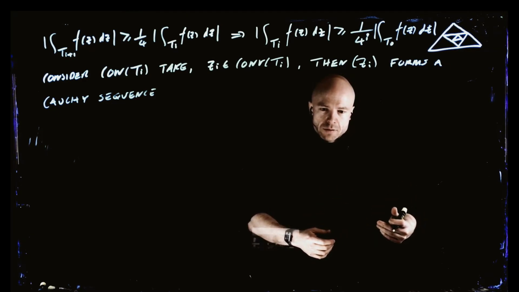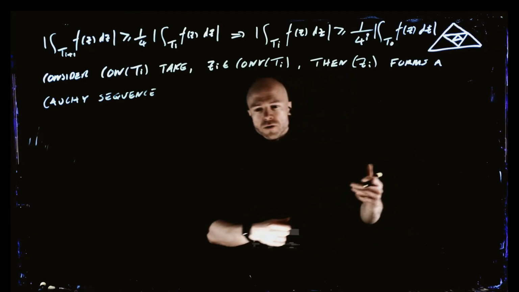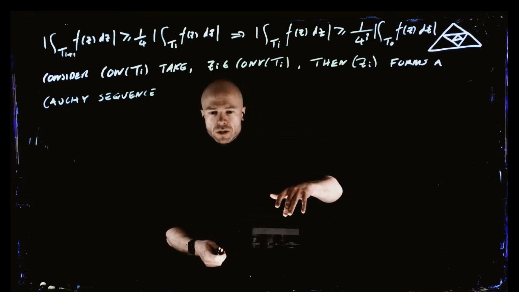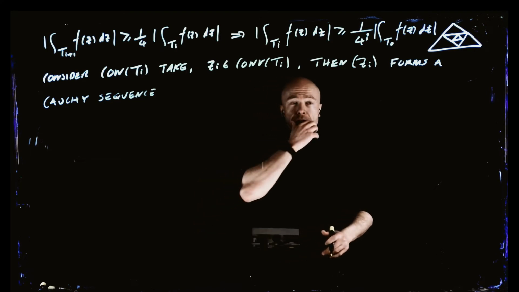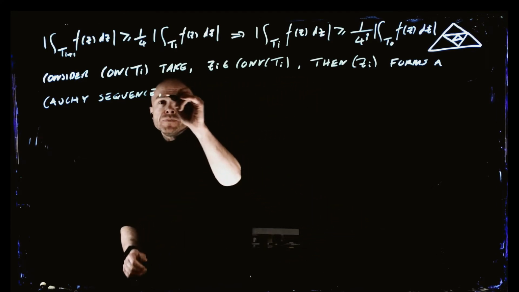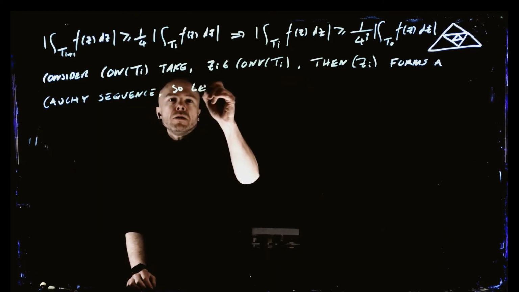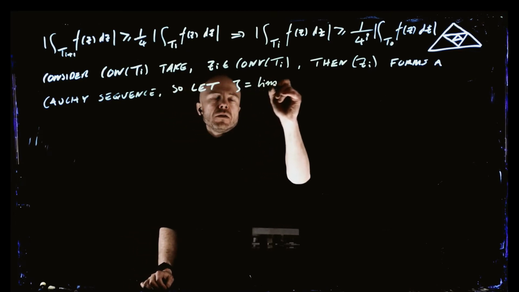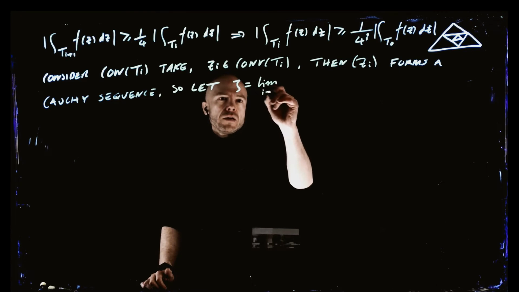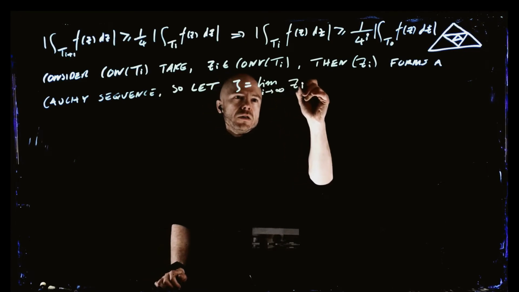I will put more details in if that's not completely clear. All right, everybody's happy. So this is a Cauchy sequence, so it has a limit. So let zeta equal the limit as i goes to infinity of Zi.